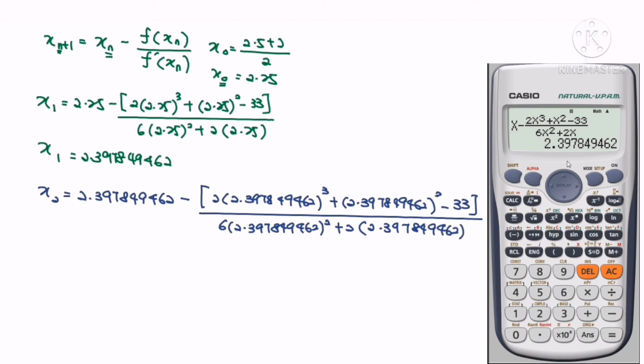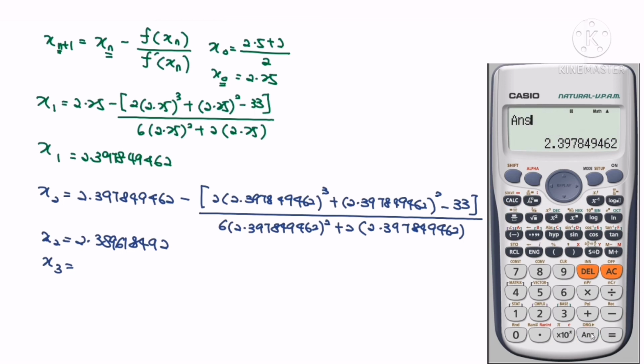Kindly repeat the same in the calculator. Press calculate and then answer equals, and we will have x2 equals 2.389618492.